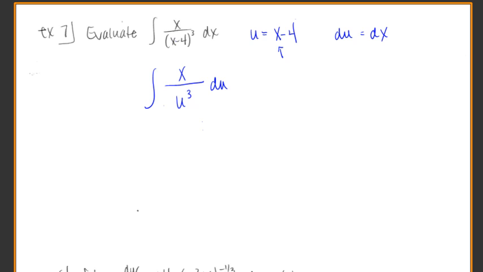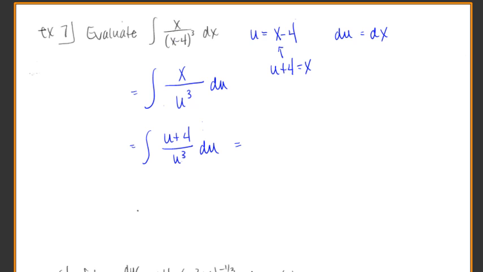If I just switch this around, it says that u plus 4 is equal to x. And now I can replace an x with something that's in terms of u. So we can look at this as the integral of u plus 4 over u cubed du. And everything's there. It's all in terms of u. There's no variables outside in the front, so we're good.